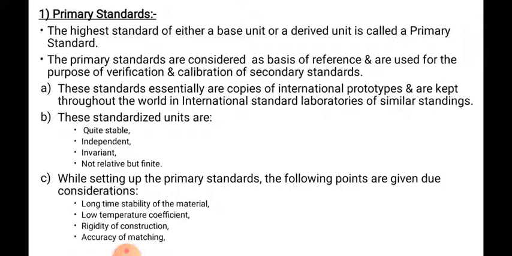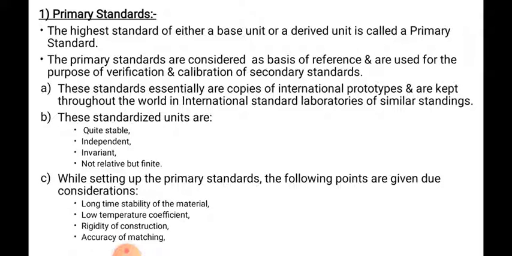If we place that component in atmospheric conditions, because of the moisture content in the oxygen atmosphere and the different atmospheric conditions, some corrosion will take place on the surface of the weight.